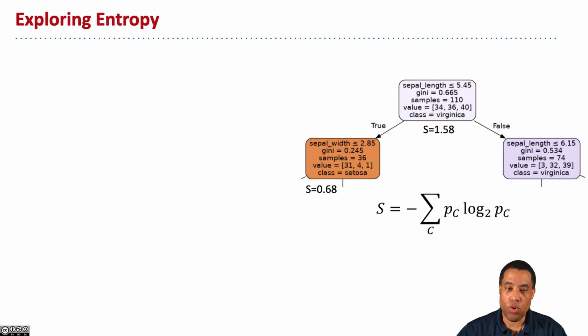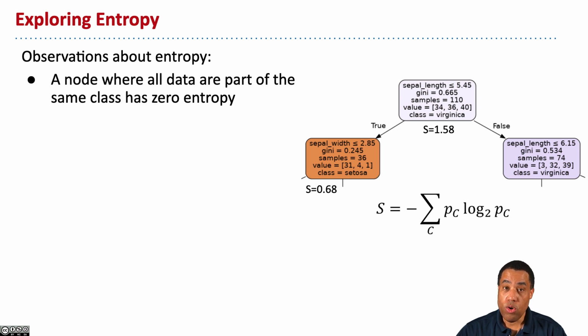So let's explore the entropy, and we can make some observations about it, right? A node where all of the data are part of the same class is going to end up with 0 entropy. And that's just because the log of 1 is 0.